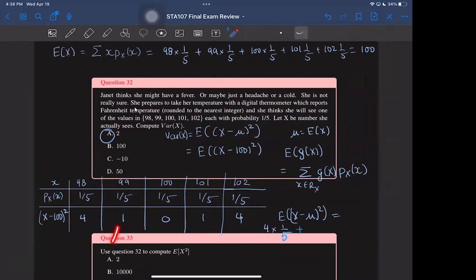And I move to the next column. I take 1 multiplied by the probability, which is also 1/5. And I do that for every column. And it should give me 2. Any questions here?